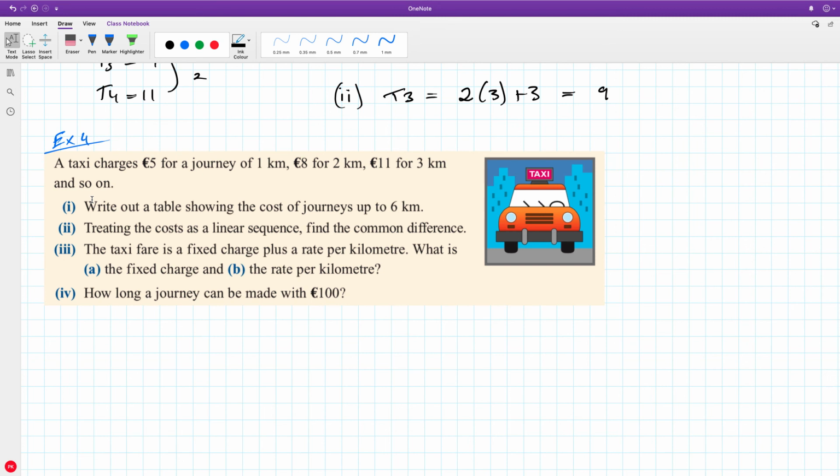Before you ask for the fixed charge and rate per kilometre, find Tn and make life easier. See if you can figure out what it is then.